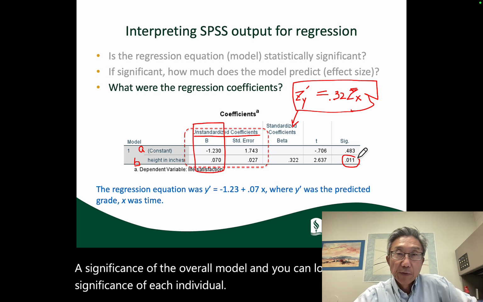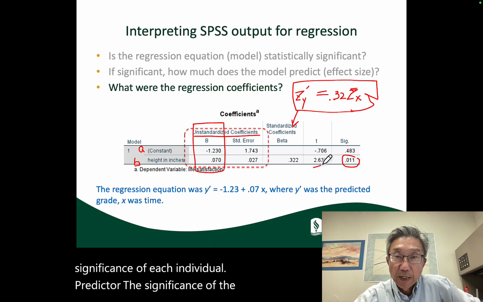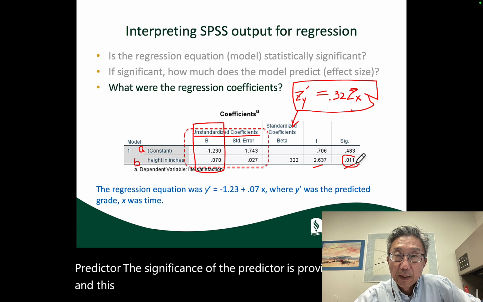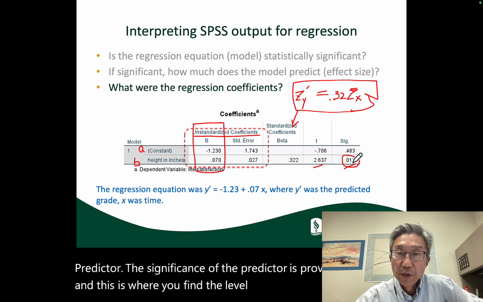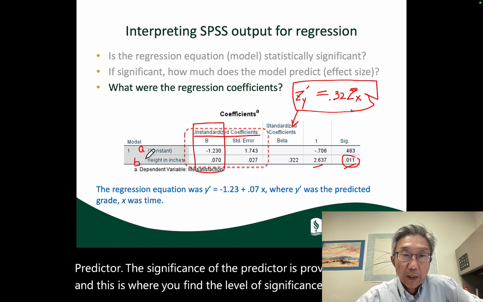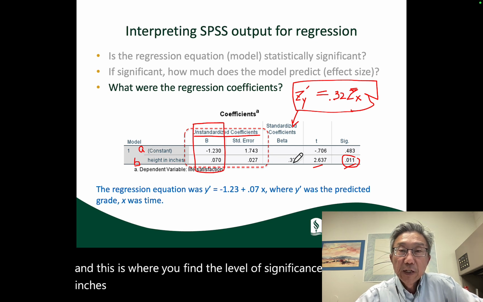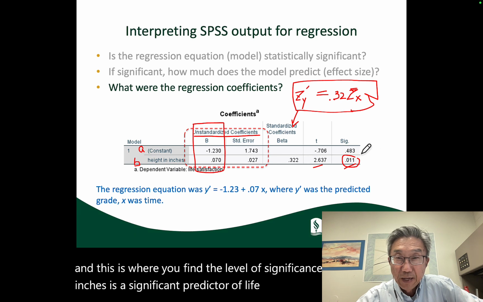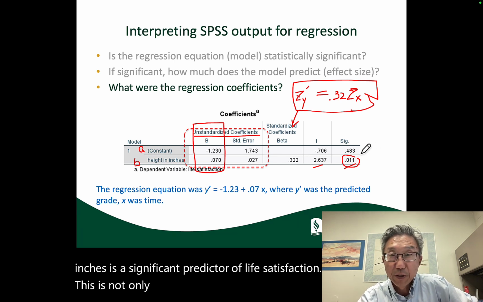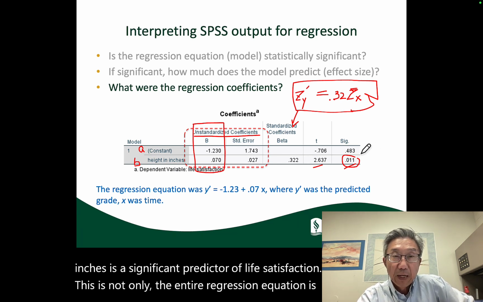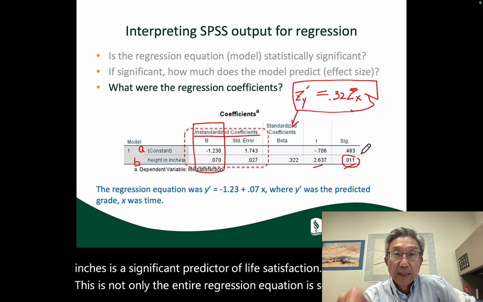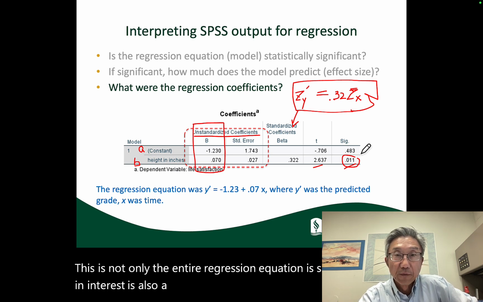The significance of the predictor is provided by a t-test, and this is where you find the level of significance, 0.01. So height in inches is a significant predictor of life satisfaction. Not only is the entire regression equation significant, height in inches is also a significant predictor of that relationship.